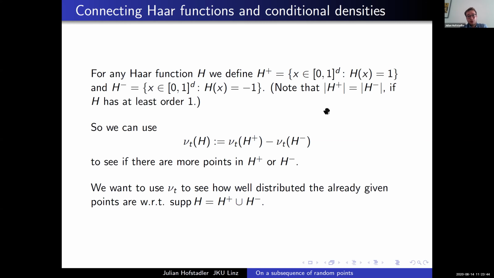Clearly, since they have the same size, if we have a good point set, this quantity should be close to 0 for any half function. And this is also the main idea. We want to create densities which try to always put points in places such that the counting measure for half functions gets close to 0.